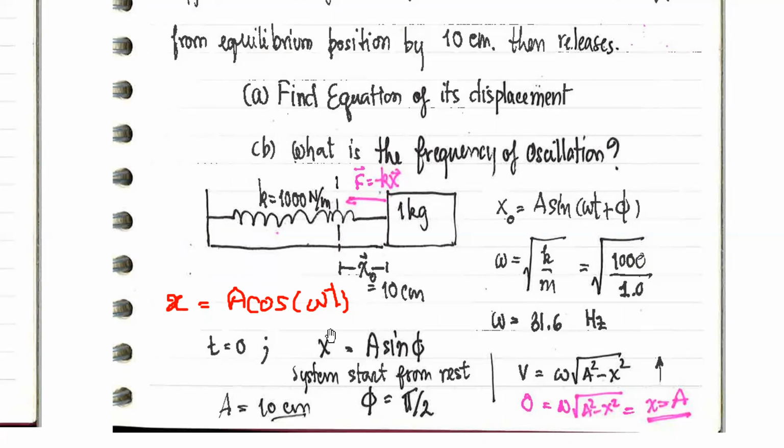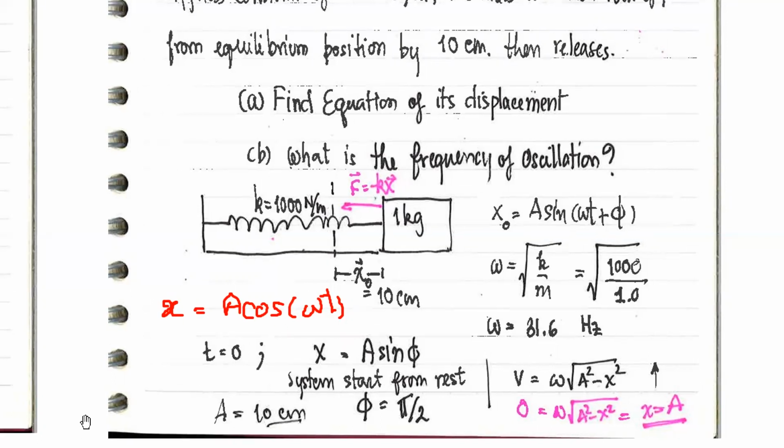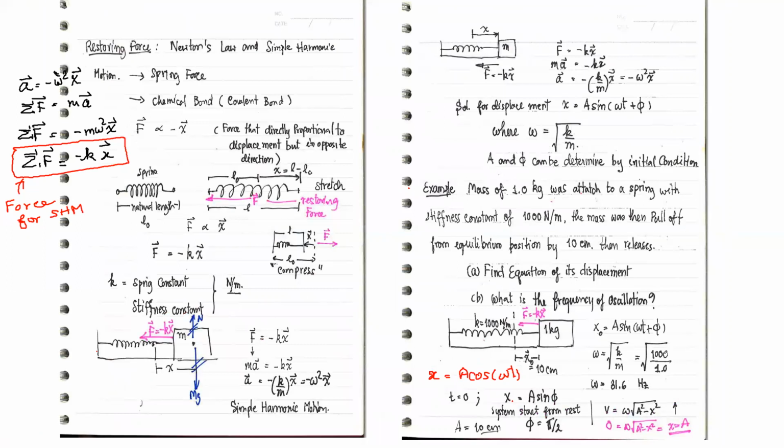Now at t equal to 0, if you put it in here, x equals a sine omega t plus phi, with t equal to 0. Omega times 0 is 0, so you have x0 is a sine phi. And because x0 is a, because this is also 10 centimeters and this is 10 centimeters, we get sine phi equal to 1.